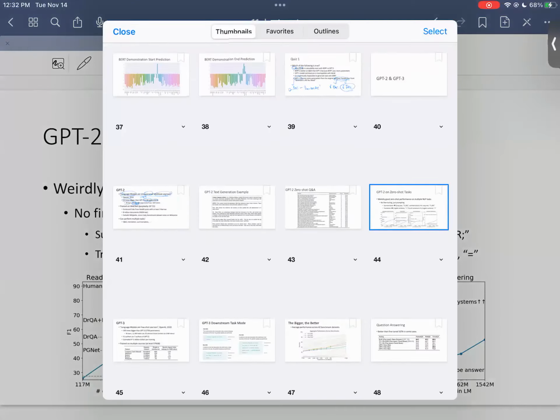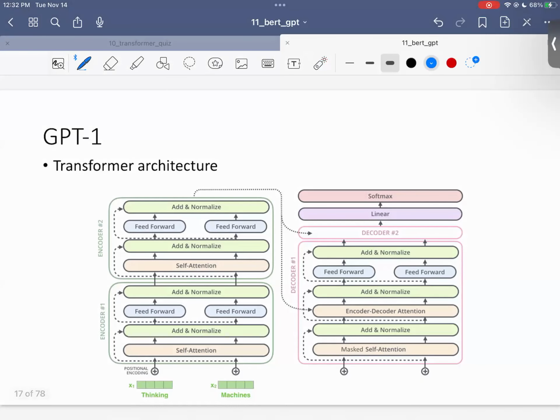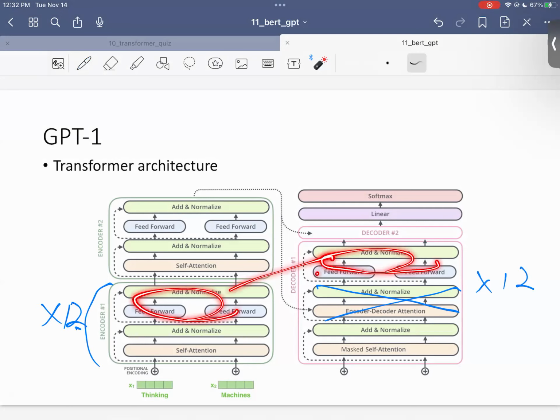If we go all the way back to the beginning, BERT is this times 12. GPT is this times 12. If you look at here and here, they're exactly the same. If you look at here and here, they are the same except for the masked part. So architecturally, they are almost the same thing. But the way they're trained is different, because GPT is trained to predict the next word.